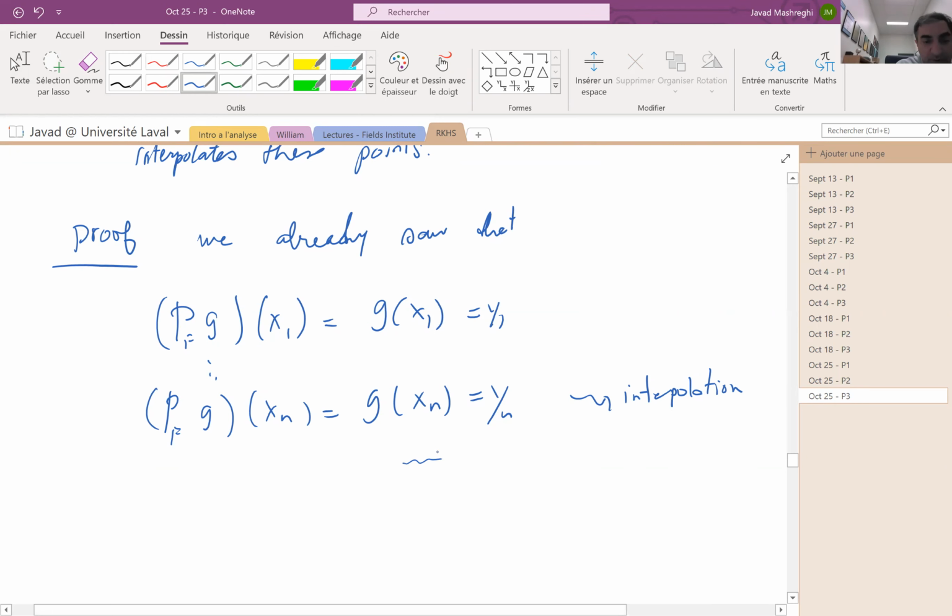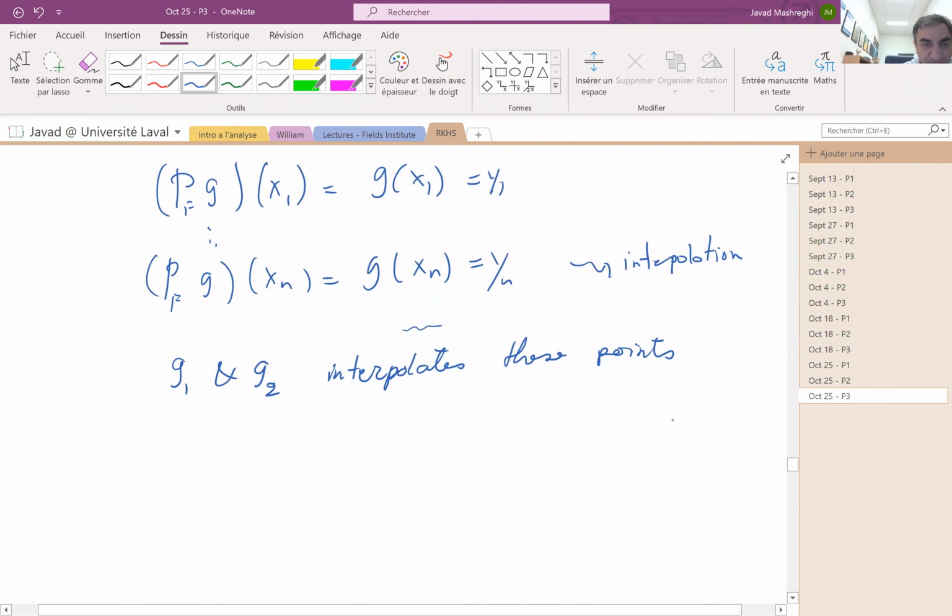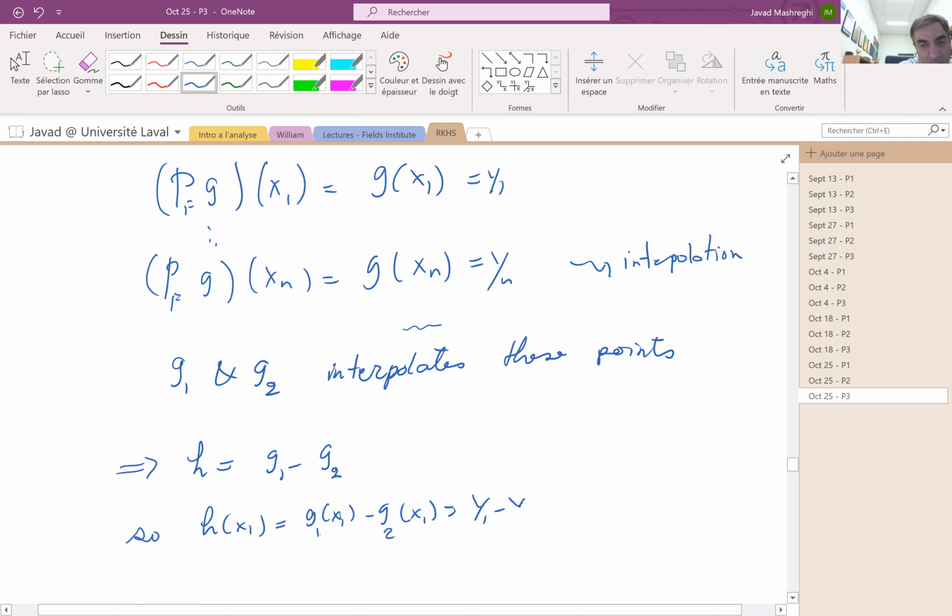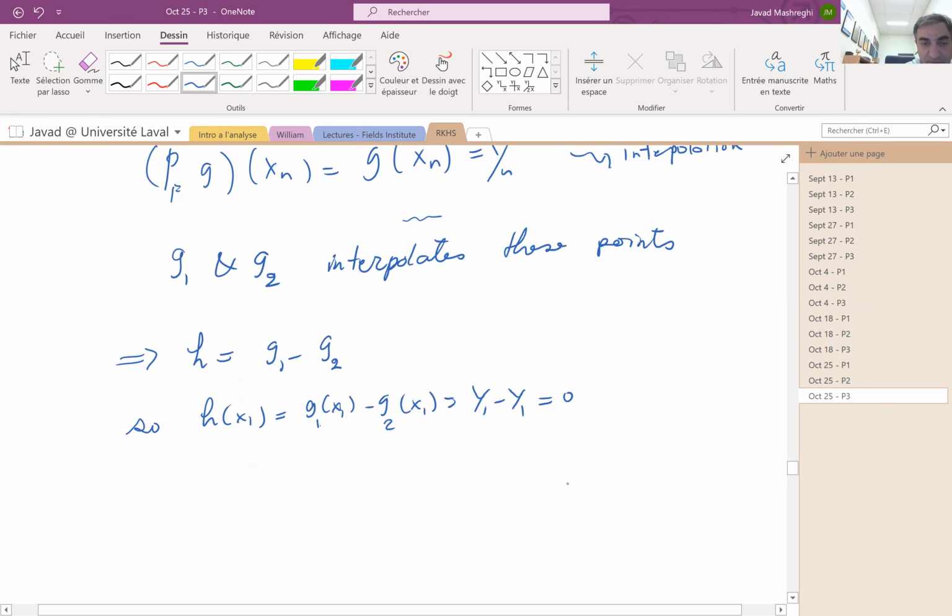Well, suppose G1 and G2 both interpolate. What can we say? Then consider H equal to G1 minus G2. So h of x1 is equal to G1 of x1 minus G2 of x1, which is y1 minus y1 equal to 0.